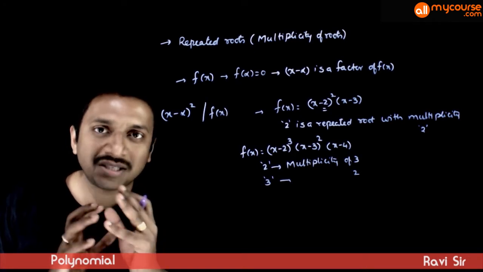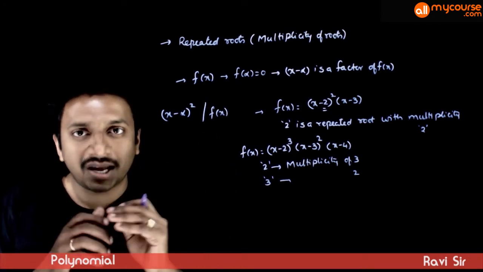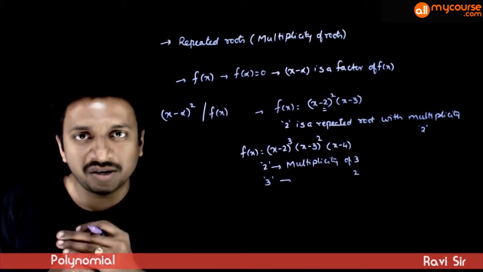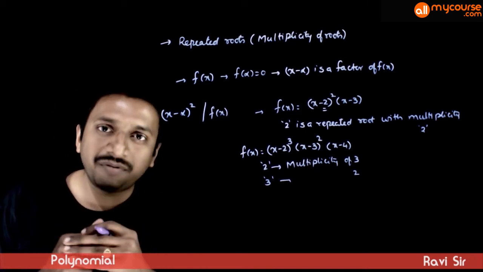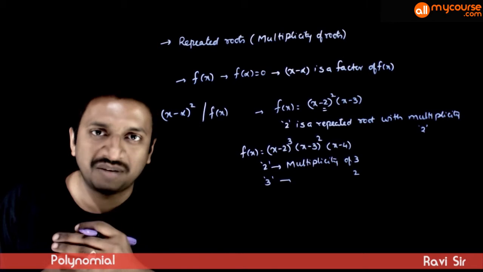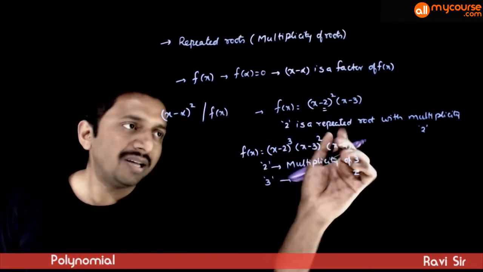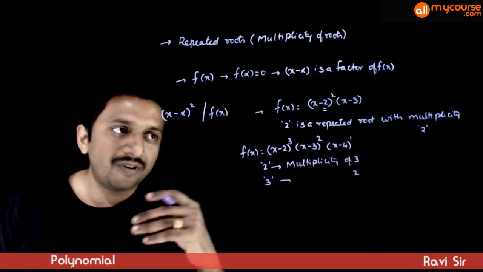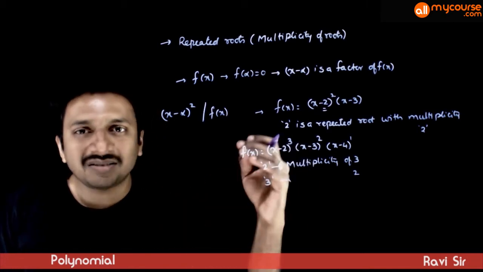So now I hope you understand what repeated root is and what the multiplicity of a repeated root is. So the multiplicity of a repeated root is more than 1. For a general root, the multiplicity is 1. For a repeated root, the multiplicity is more than 1.